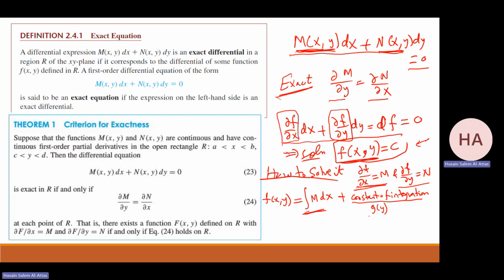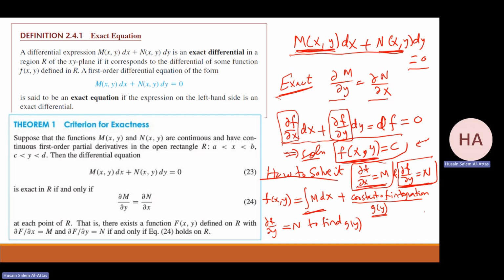This one is just an integration, I will do it. But this one, how to find it? I will use the second one, and I already used this. So I'll use this one to find g of y. I'll find partial f with partial y and make it equal to N to find g of y. At the end you will get g prime equal to something.